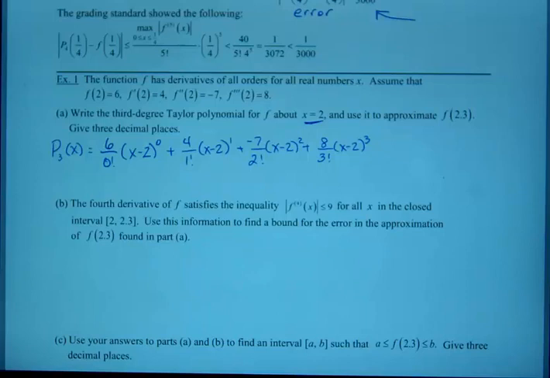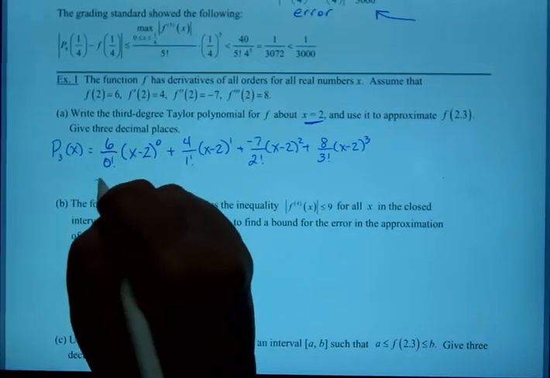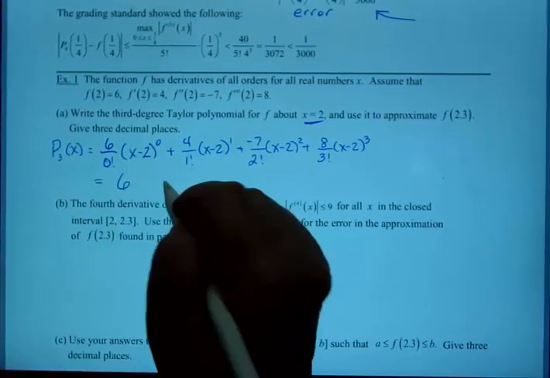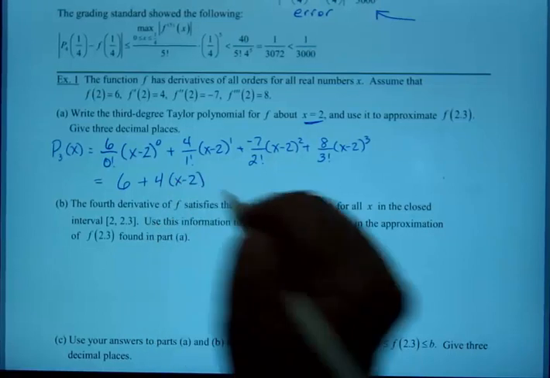Let's go ahead and clean it up since we need to plug a number into it. What is the first term going to clean up to be? That's 6. Plus 4 times x minus 2. Do not distribute; it's going to make life easier if you don't.